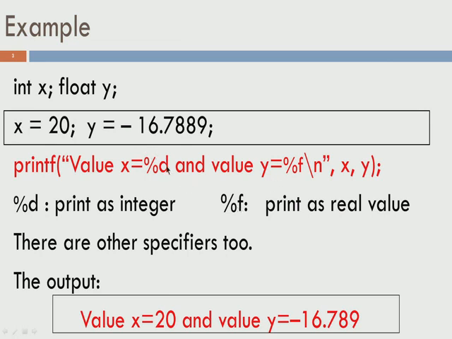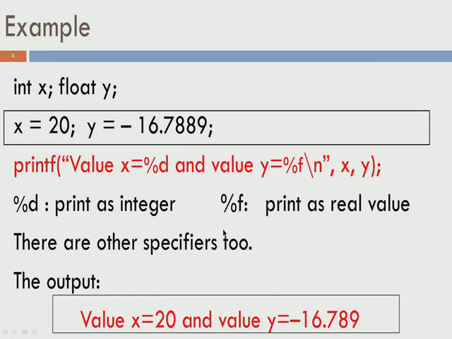This %d is the very first percentage symbol that you see, followed by the letter d. So, this %d associates itself with the first variable x, and the second one, %f, associates itself with y. Since %d is for integer, x is printed as an integer, and since %f is for real, y is printed as real.